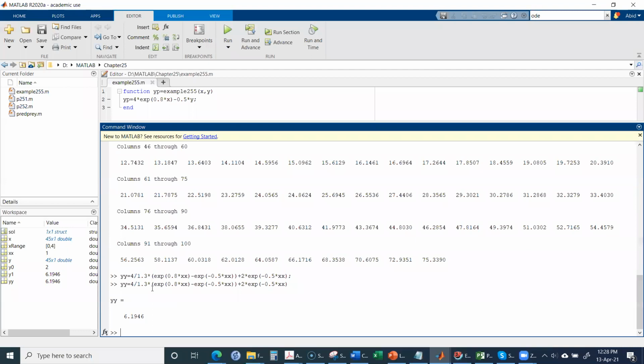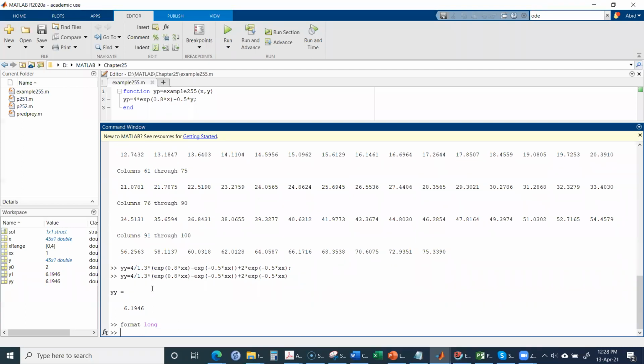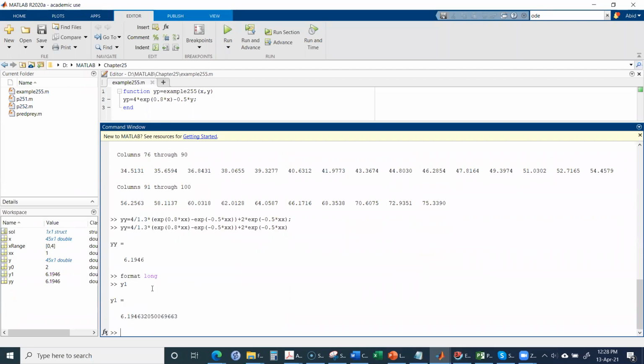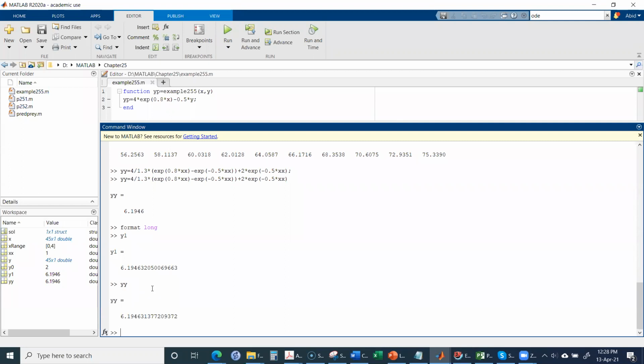Maybe if I use format long, and now I ask what is the value of y1, y1 is this, and what is the value of yy? yy is this. You see that in format long there is some difference. This is the value which we calculated from ODE45, and this is the analytical value.